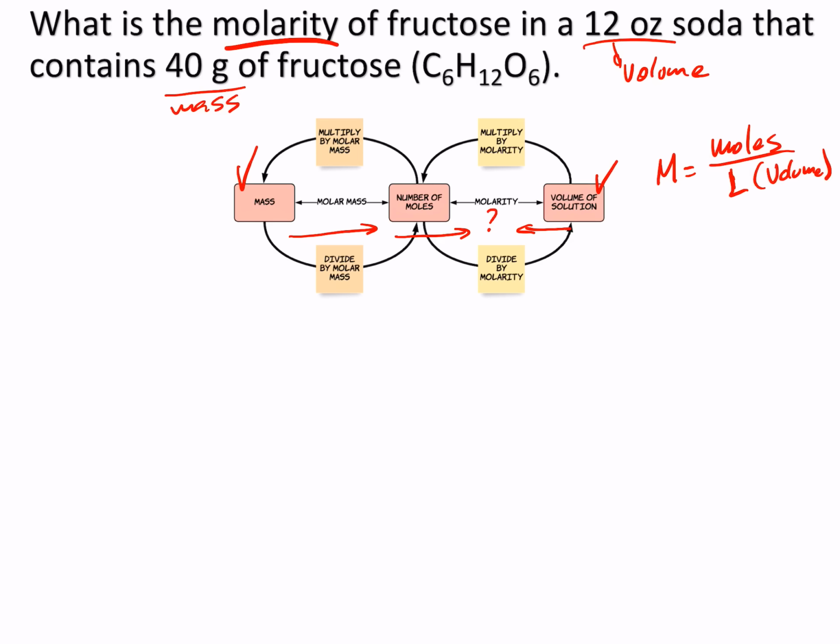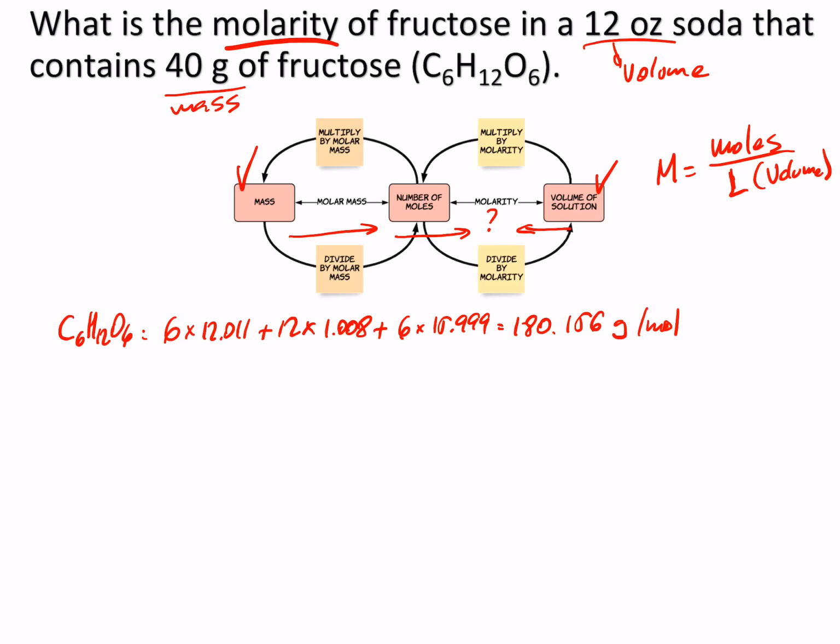So we have the mass, we need the molar mass, and this is fructose, which is 6 times 12.011 plus 12 times 1.008 plus 6 times 15.999, and that is 180.156 grams per mole.